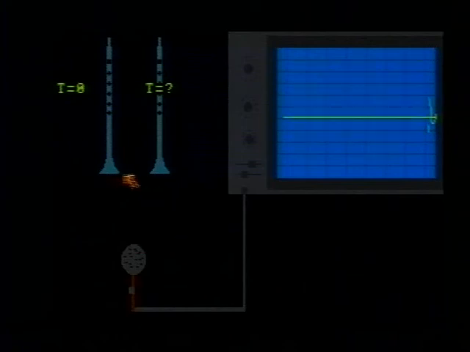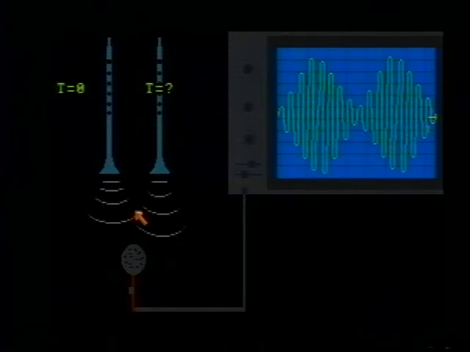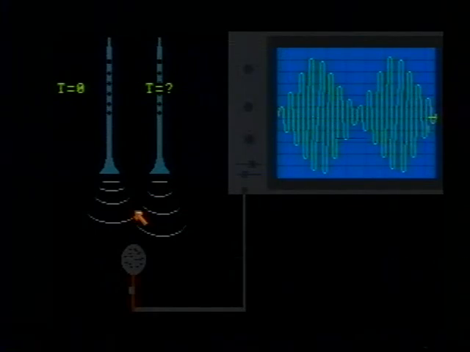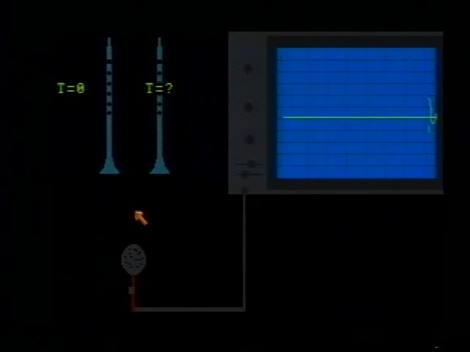And when both flutes are sounded together, it sounds like this. We hear there a beat frequency of 5 Hz. From this information, you want to try to determine the temperature in this second flute.